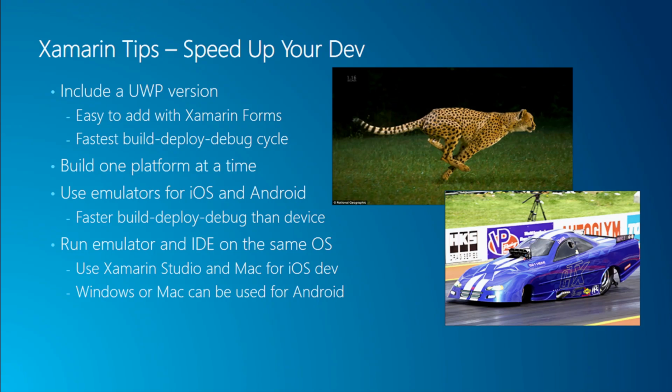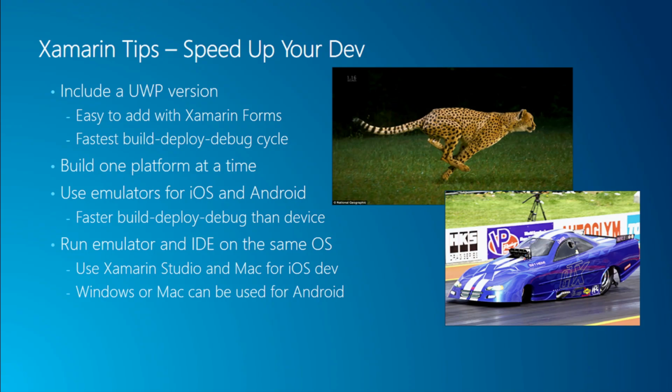I know some folks who do iterative development on devices. I suggest you don't do that. You, of course, should periodically check in with how your stuff is working on a device. And especially before you ship, make sure it's working on physical devices. But emulators are on the same physical hardware as your IDE. It's going to be faster to use them.